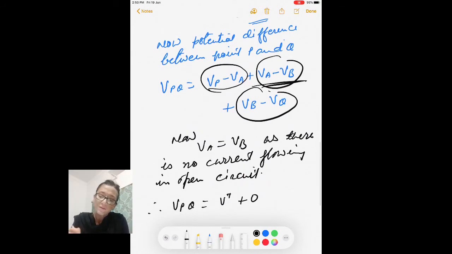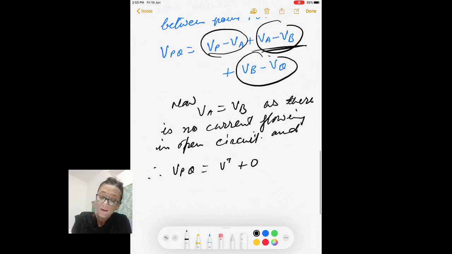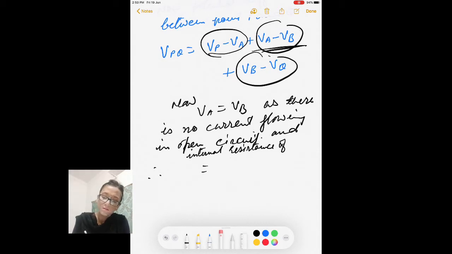And let there be an internal resistance of the electrolyte. Let me delete this first of all.